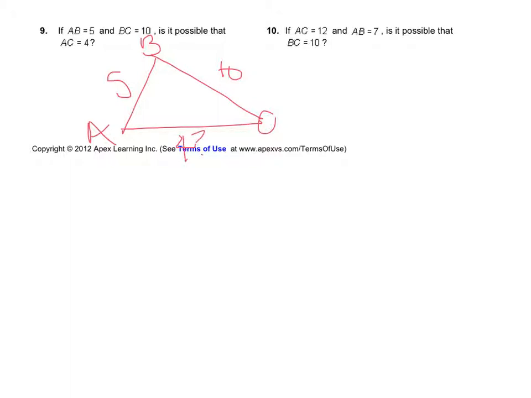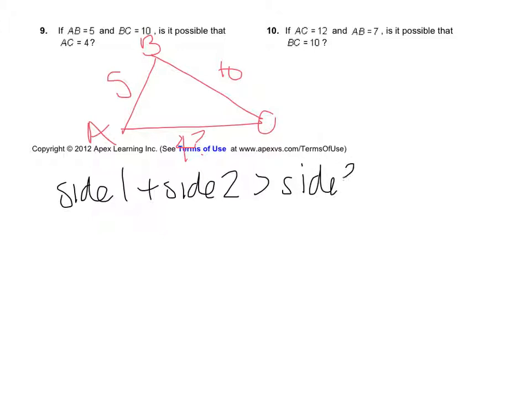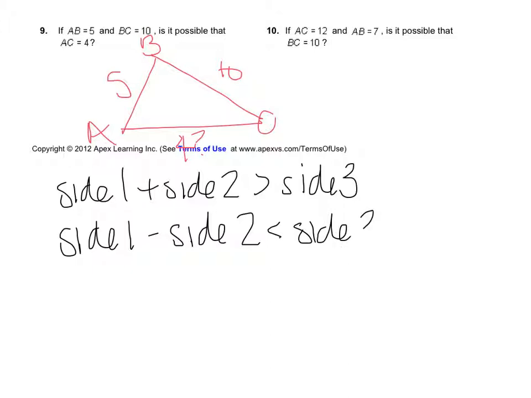So the rule says, if you remember, that we have to take the two sides and add them, and they have to be bigger than the third side. And we have to take the same two sides and subtract them, and that has to be smaller than the third side. So I'm going to take my first two sides of 5 and 10, and I'm going to add them. 5 plus 10 is 15.